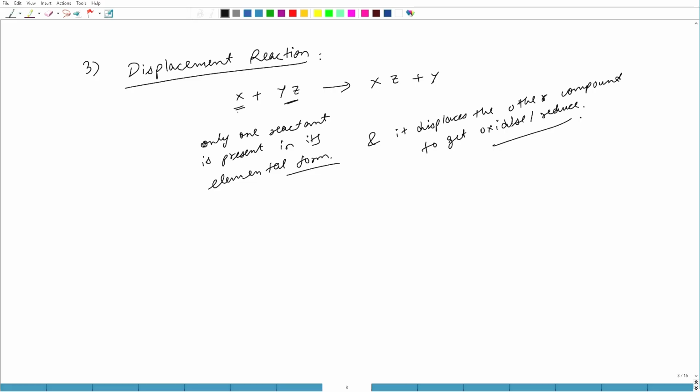For example, in this case it displaces the YZ, to itself form a compound XZ and leave the Y in the elemental form, and the other compound goes into the other one.